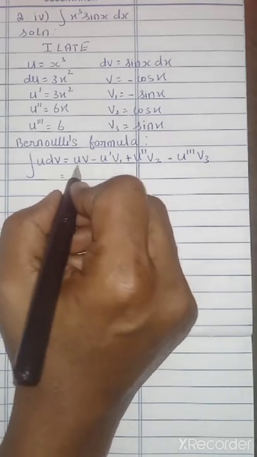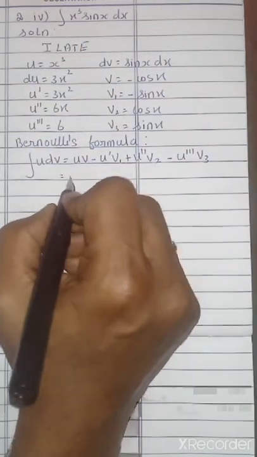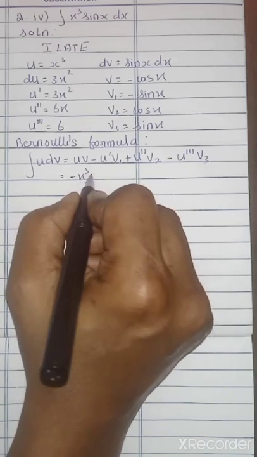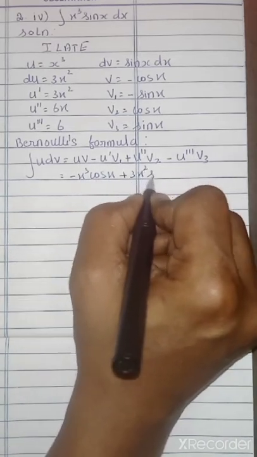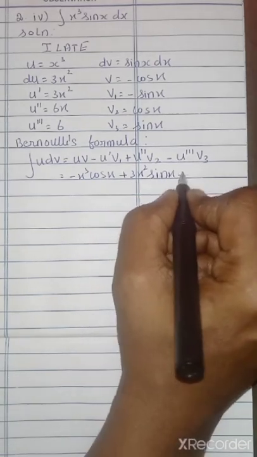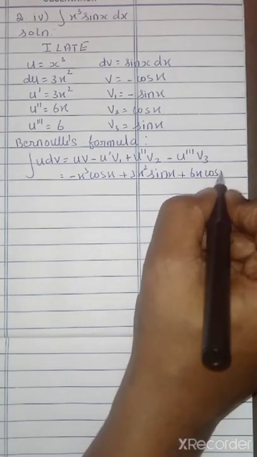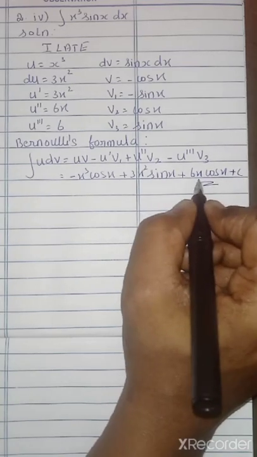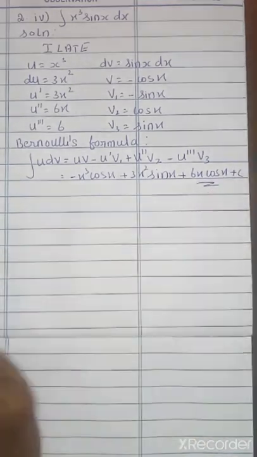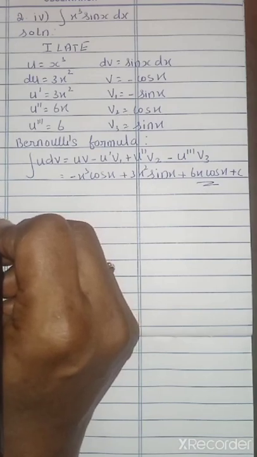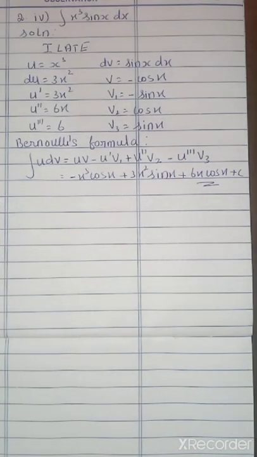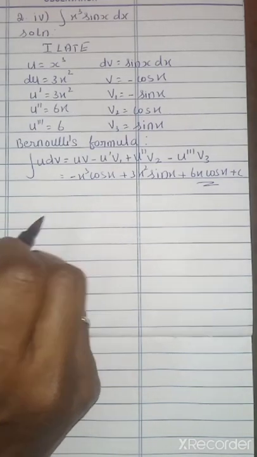Substituting all these values, you will get minus x cube cos x plus 3x square sin x plus 6x cos x plus c as your final answer. So when the power is higher, you can use this Bernoulli's theorem.